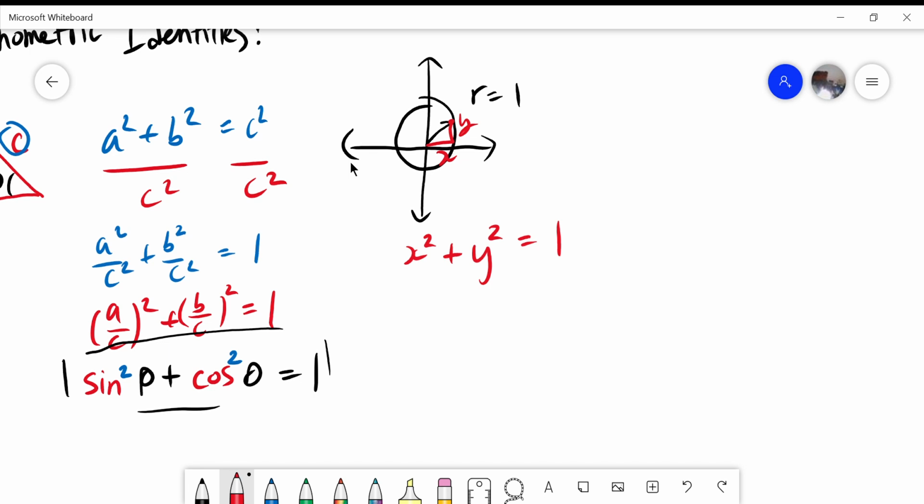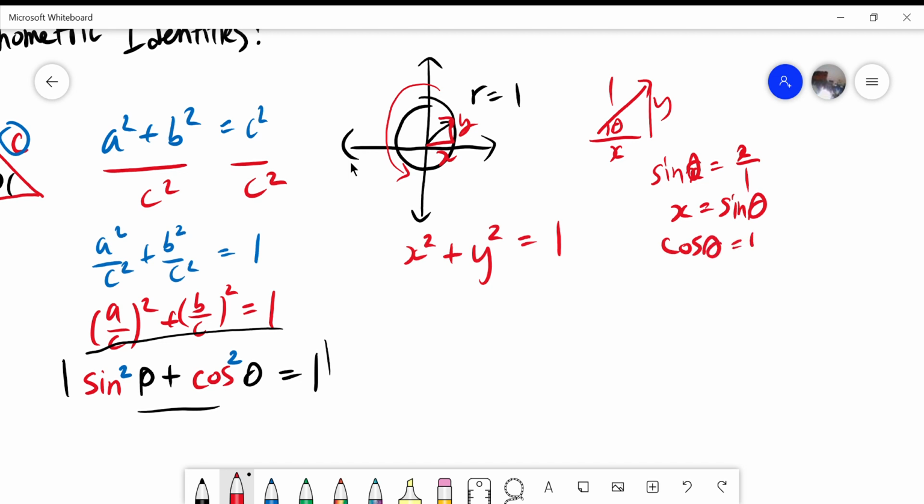And we know that the radius is 1. And if we take the angle of this line right here, and we rotate it to angle theta, sine of theta is x over 1. Therefore, x is equal to sine theta. And cosine theta equals y over 1.